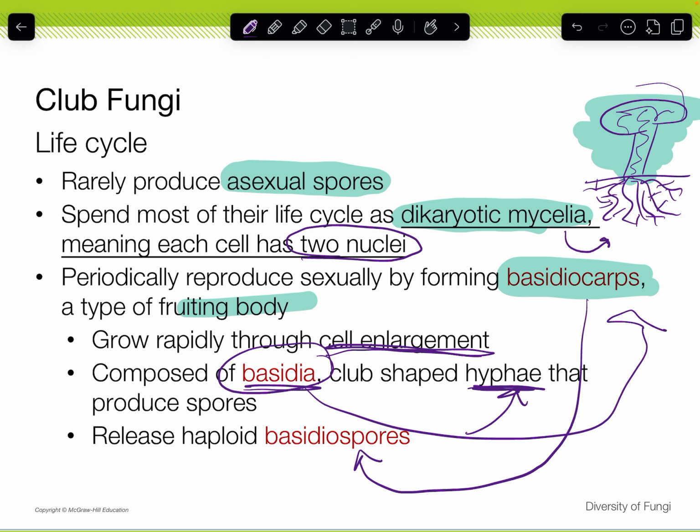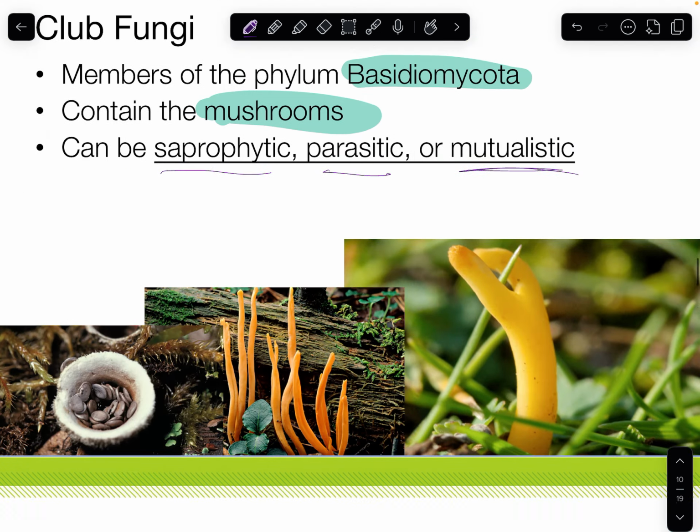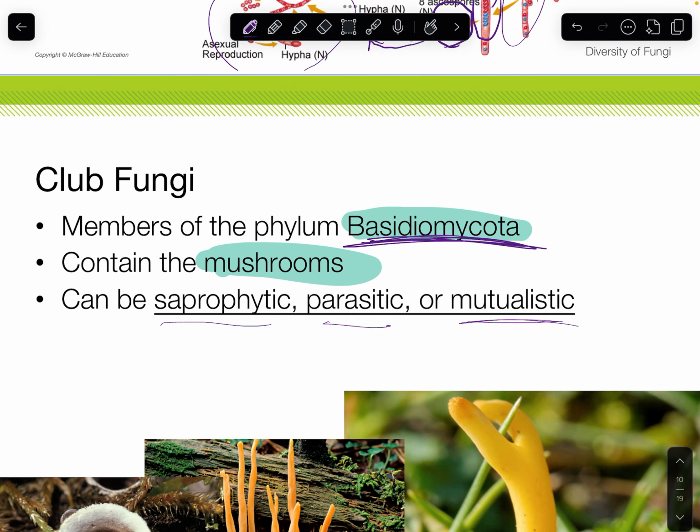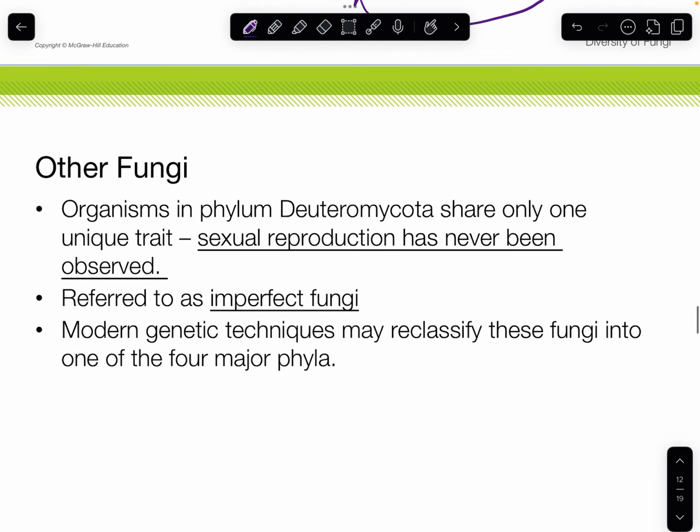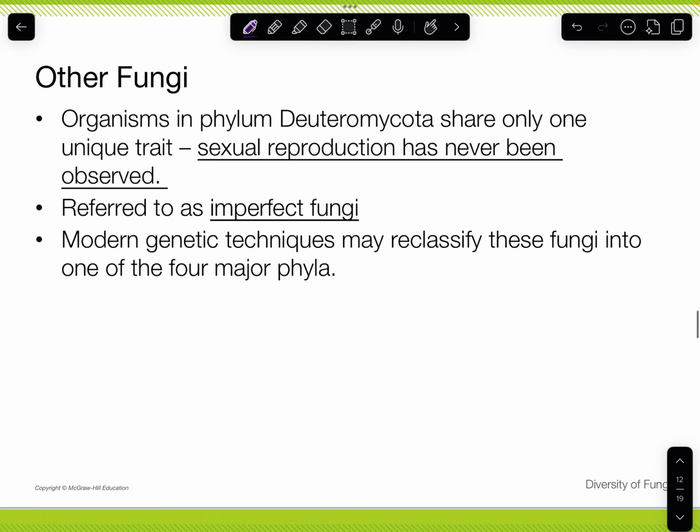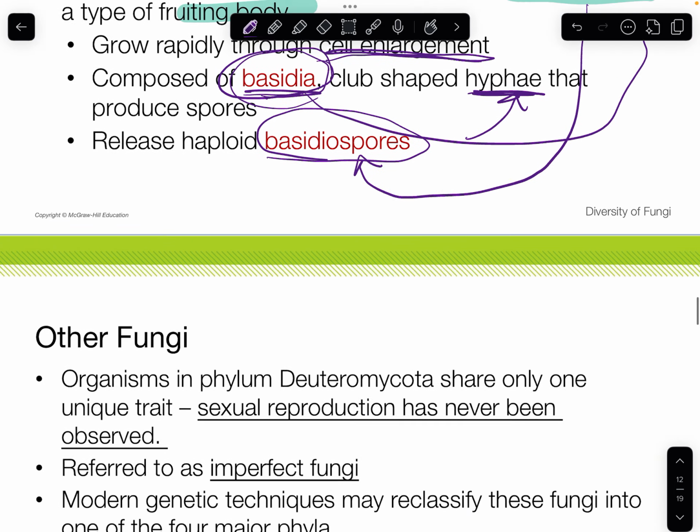Right up here, we have our basidiocarp, a specialized fruiting body made of specialized hyphae called basidia, which is then going to produce basidiospores, because we are in phylum Basidiomycota. So that is the life cycle of our club fungi.